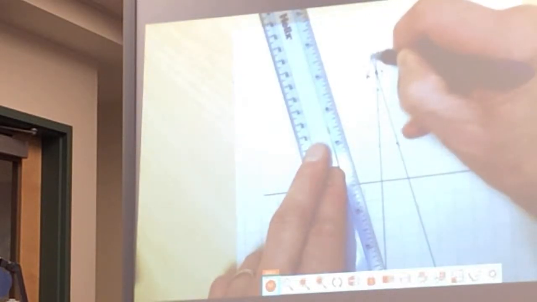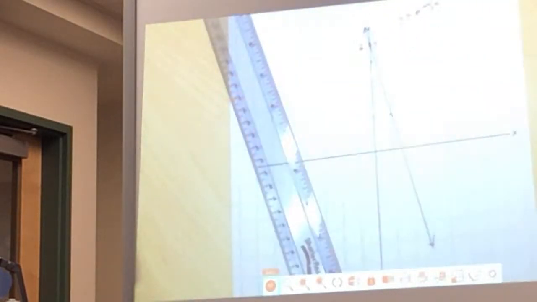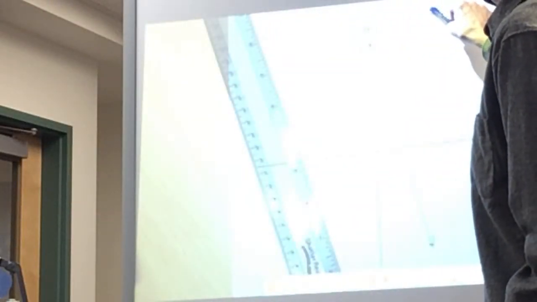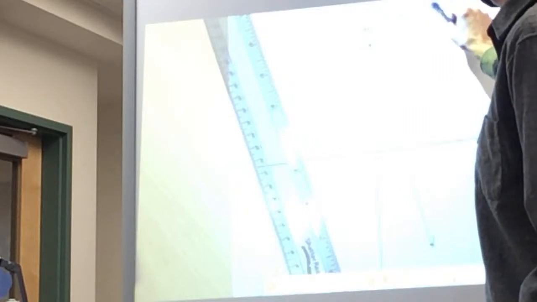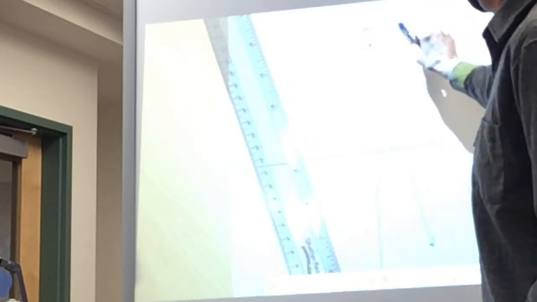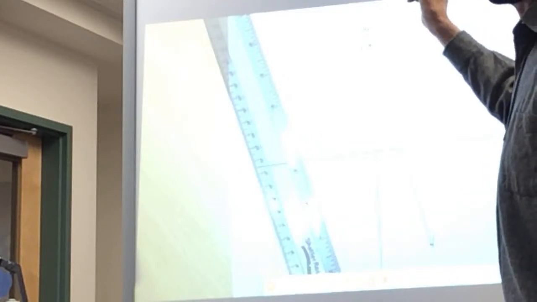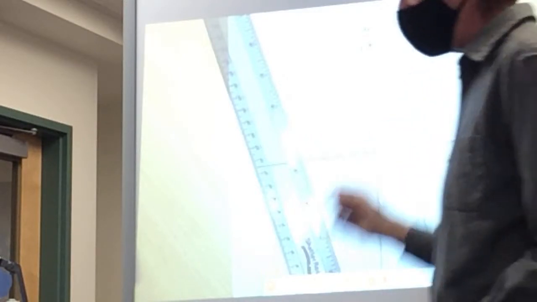Now we need to shade, and how do we determine which way to shade? What's that? Plug in the zeros. So if this is 0, 4 times 0 is going to be 0. If that's 0, is 0 less than 6? Yeah.